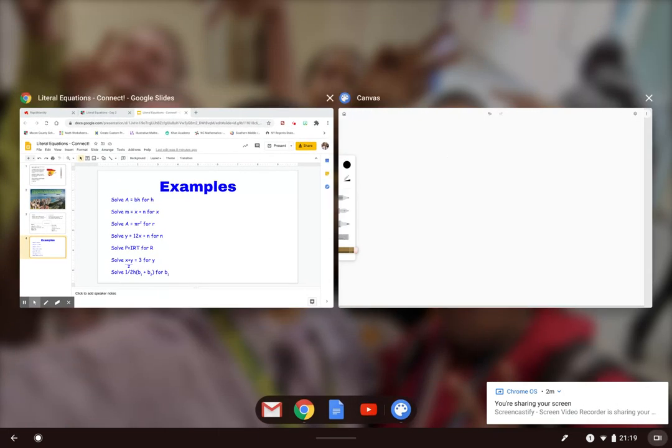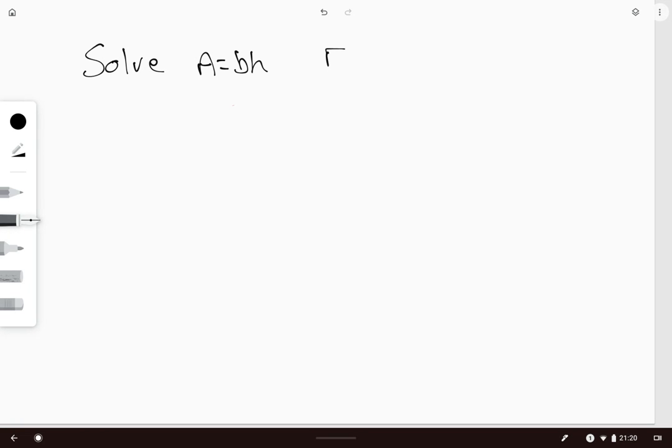So let's look at the first one, which is to solve A, which is area, equals base times height, for H, which is the height. All right, so we start here with the literal equation A equals BH.